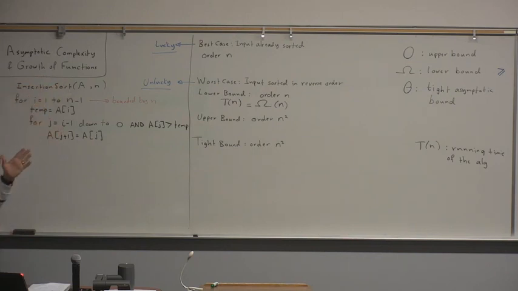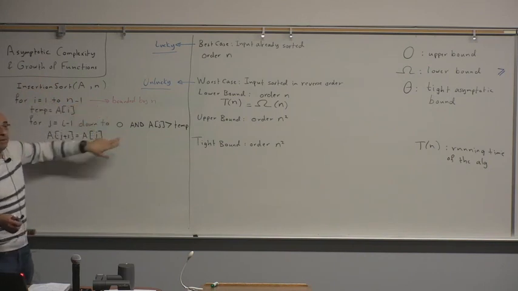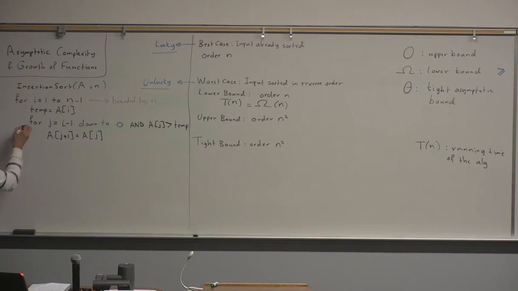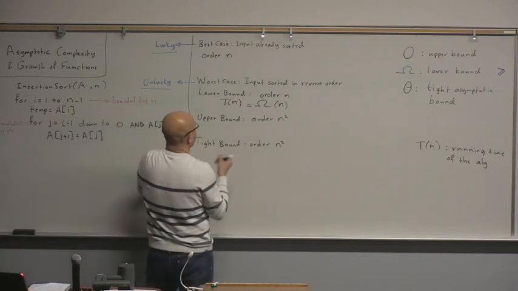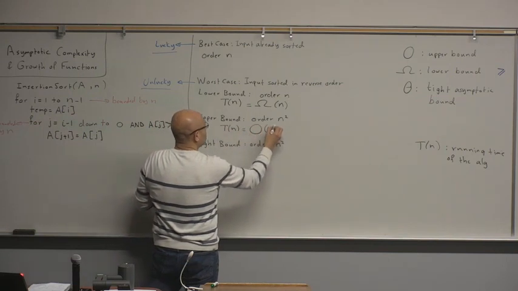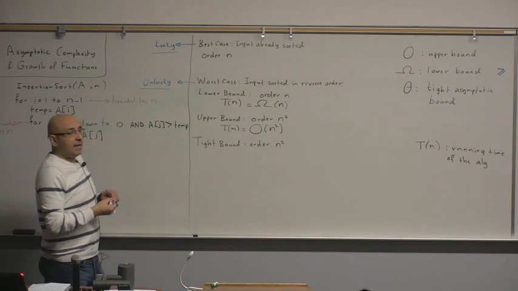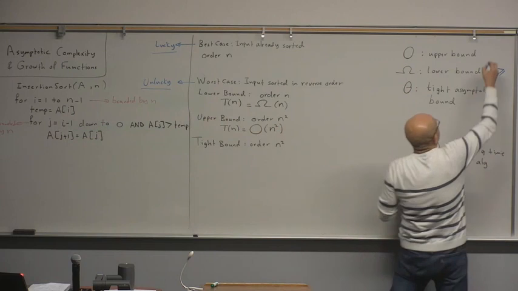So this is definitely bounded by n as well. So since both loops are bounded by n, we can say that the running time of this algorithm, T of n, equals big O of n squared. Again, big O is an upper bound, and you can think of it as less than or equal to.